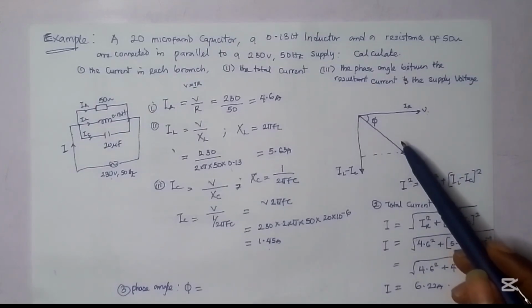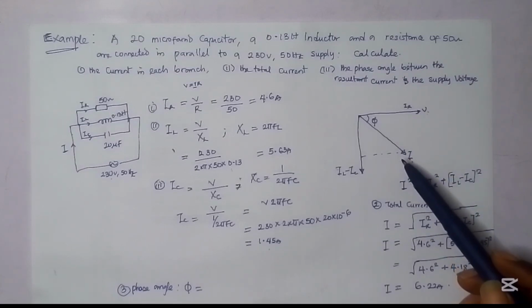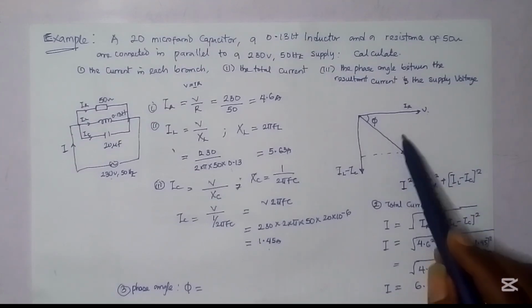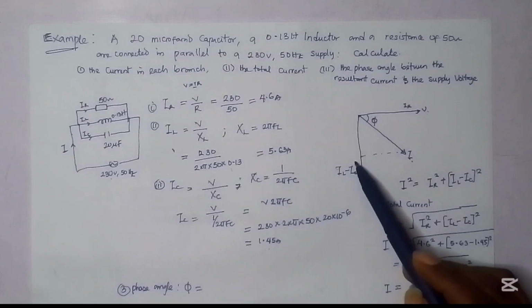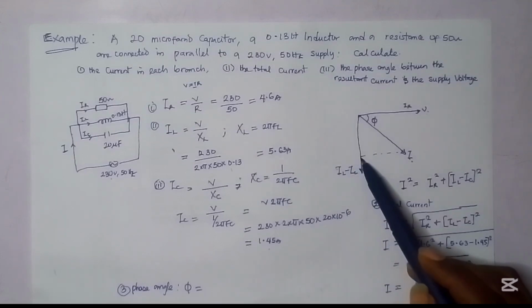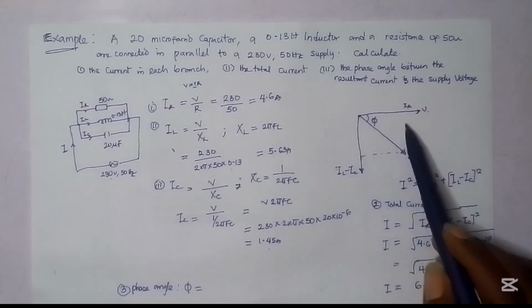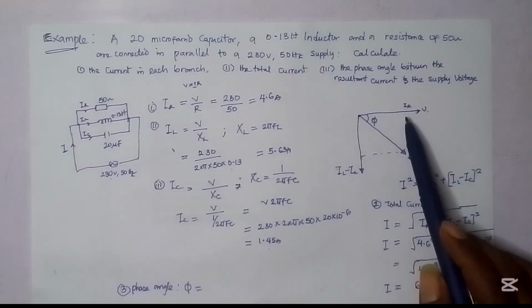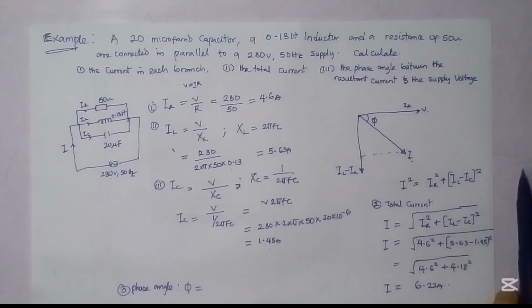We can get it from tan inverse, where we have opposite over adjacent. What is the opposite here? Opposite is the value of IL minus IC. Obviously, this is the opposite, over the adjacent, which is IR. So that can easily be gotten from that.